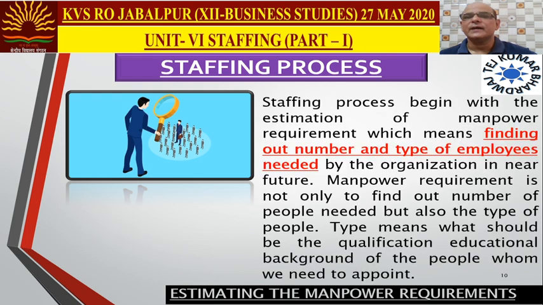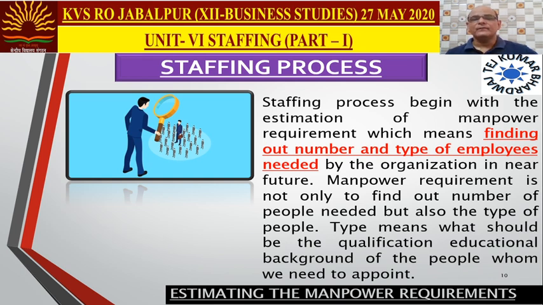So the staffing process begins with the estimation of manpower requirement, which means finding out the number and types of employees needed by the organization in the near future. Manpower requirement is not only to find out the number of people needed, but also the type of people.